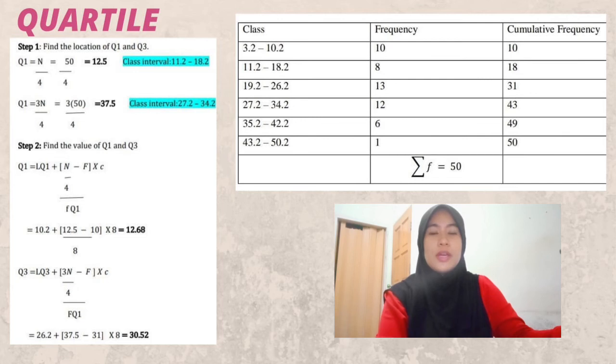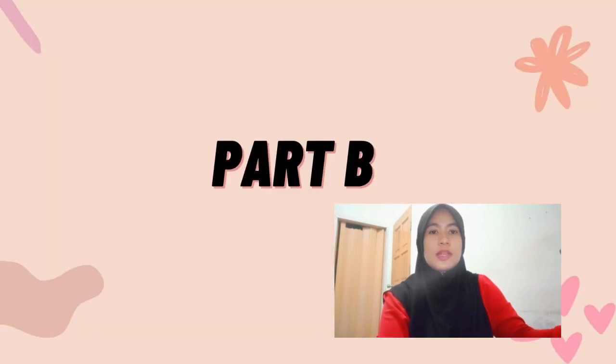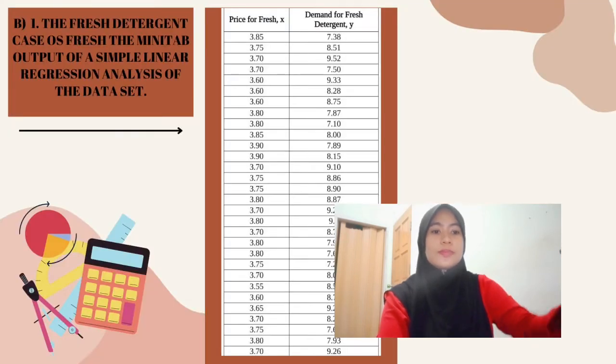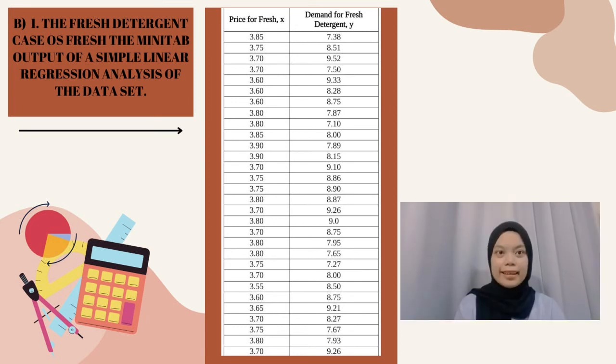For step number 2, find the value of Q1 and Q3. Q1 is equal to 12.68 and Q3 is equal to 13.52.